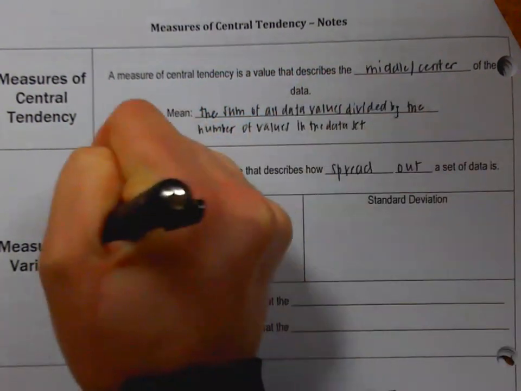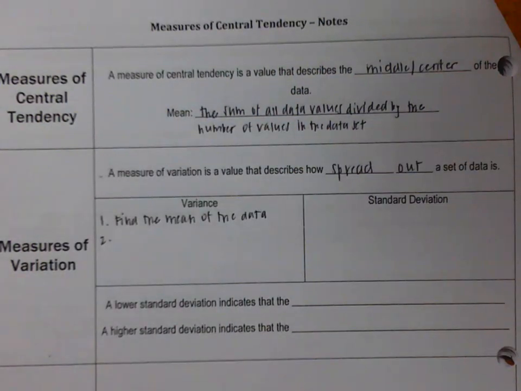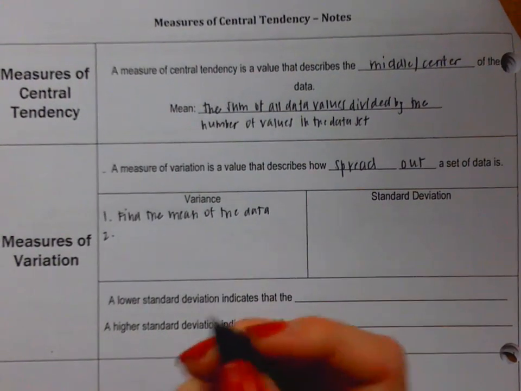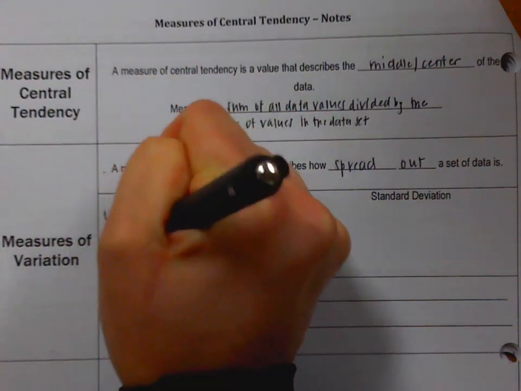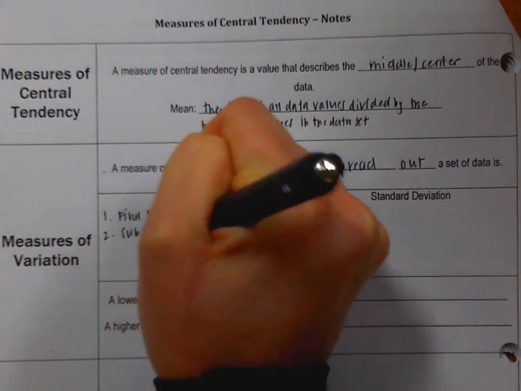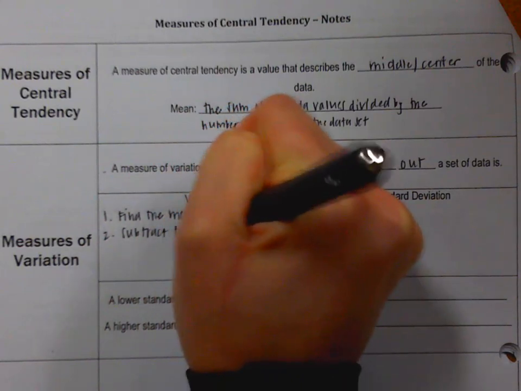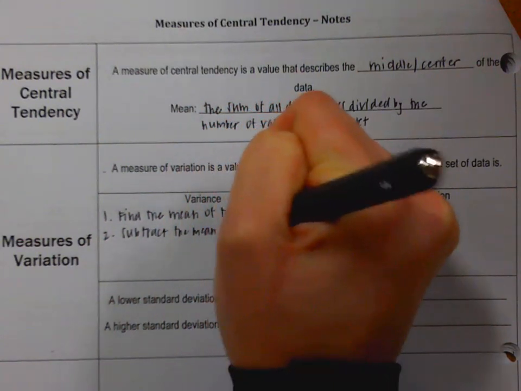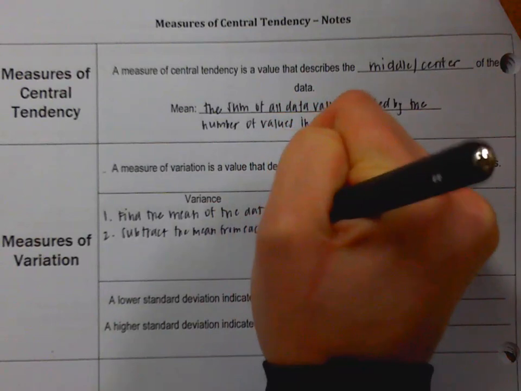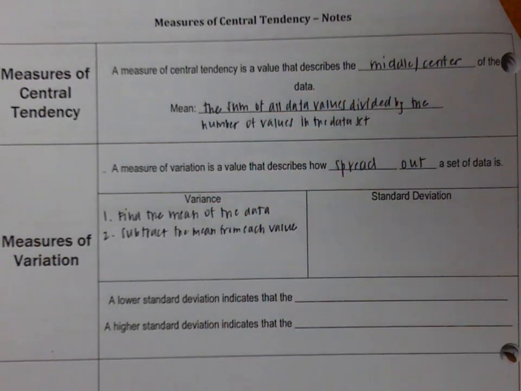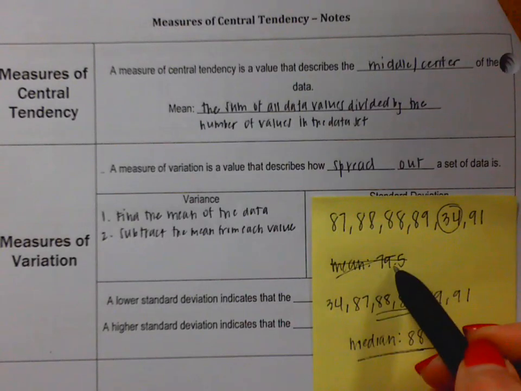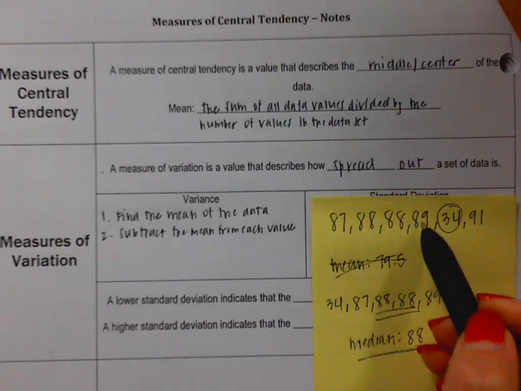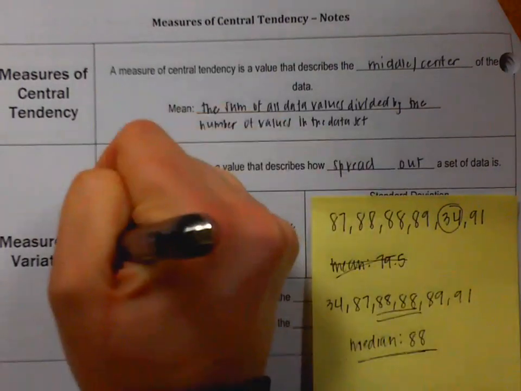Once you found the mean, you would then subtract the mean from each value. Circling back to this problem, for every value, you'd go 87 minus 79.5, 88 minus 79.5, 88 minus 79.5, and so on.